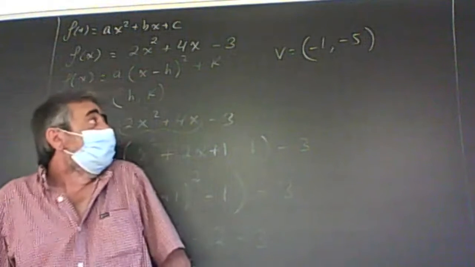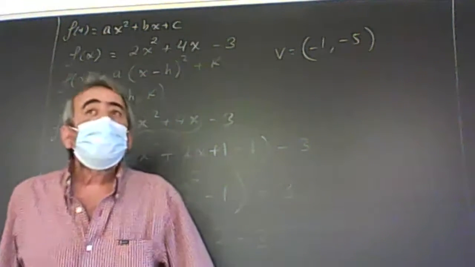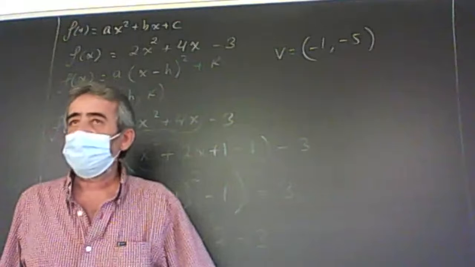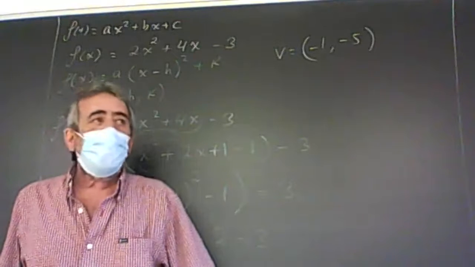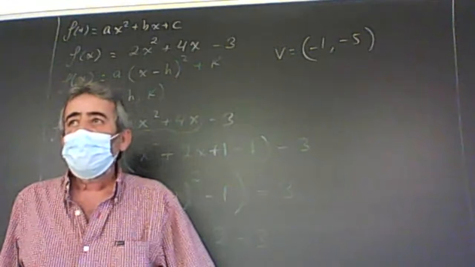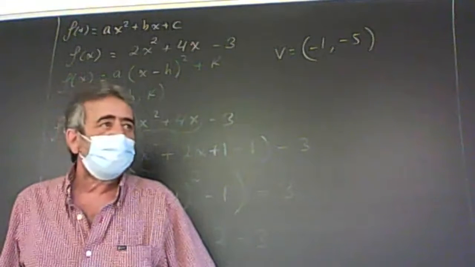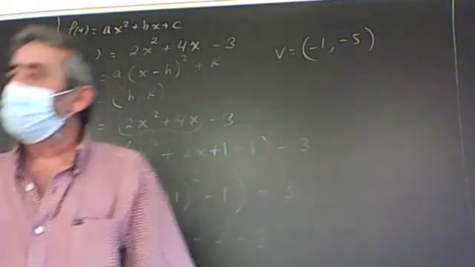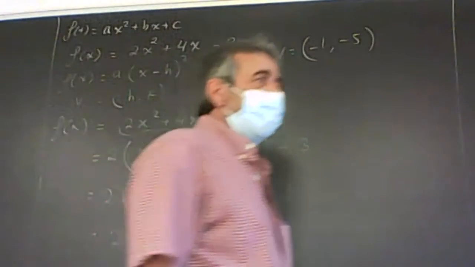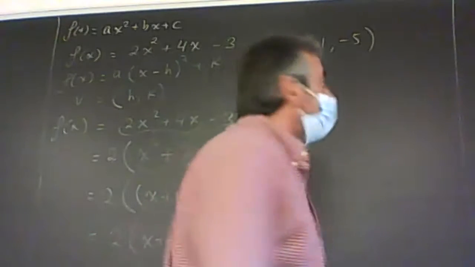So, what do you think? What does this vertex represent? Does it represent the maximum value of the parabola, or the minimum value of the parabola? How can I determine that? Okay, let's go back a few days ago. We said when we have a parabola, the parabola has 2 shapes.